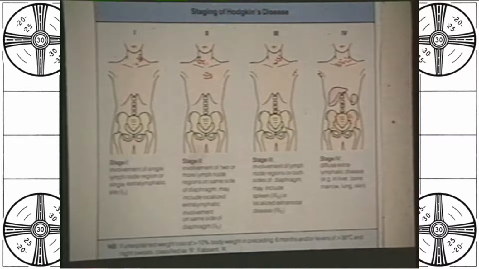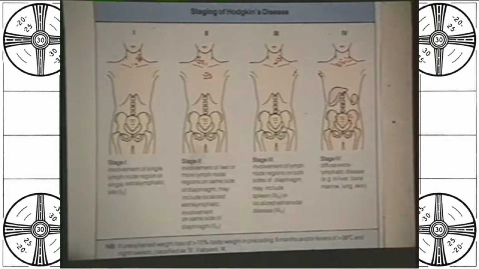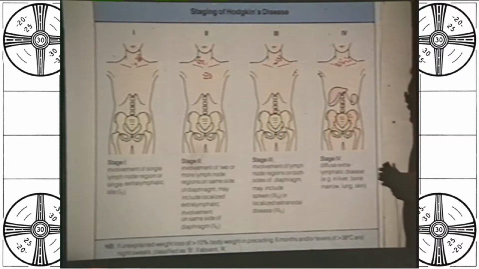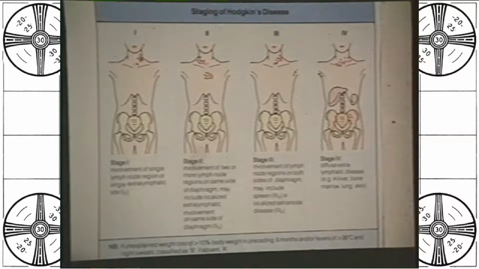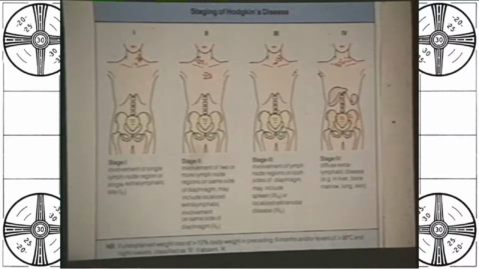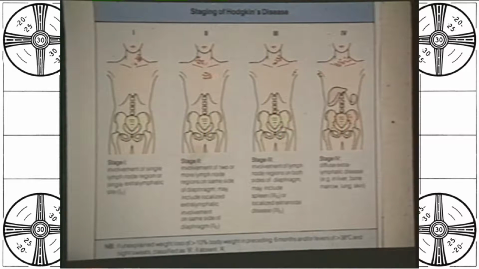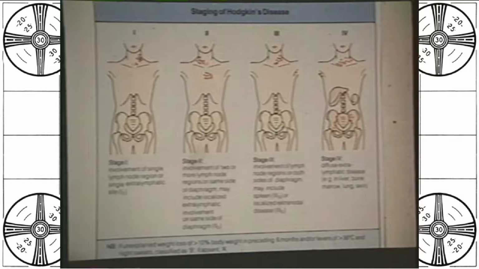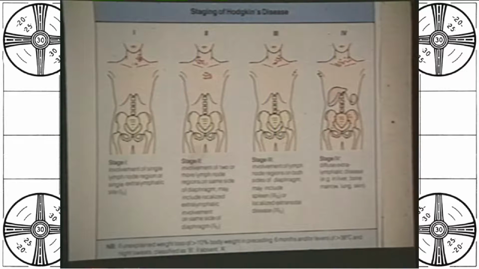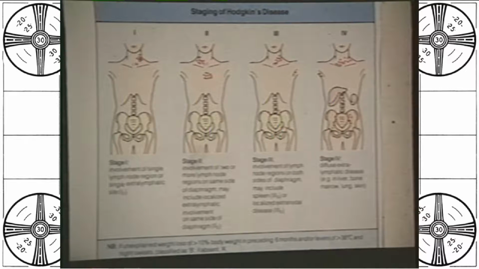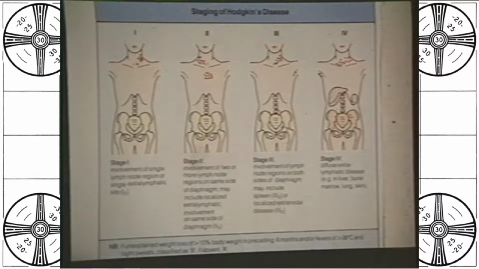If you have disease above and below the diaphragm, automatically you're stage 3. So even if you have, let's say for example, low cervical adenopathy and inguinal adenopathy and nothing else, you're stage 3 because you have disease on both sides of the diaphragm. And that has treatment implications.